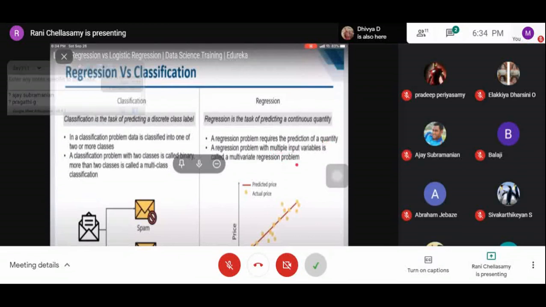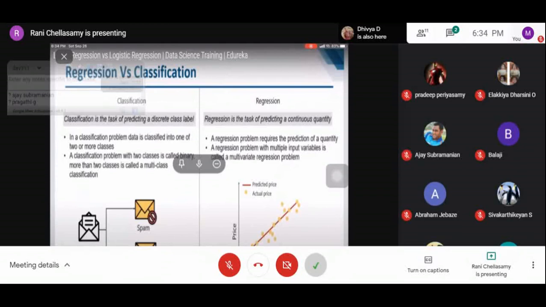Take this picture here: predicting the price of a stock over a period of time. If the problem is given like that, you can use a regression algorithm by studying the relationship between the dependent variable and the independent variable.